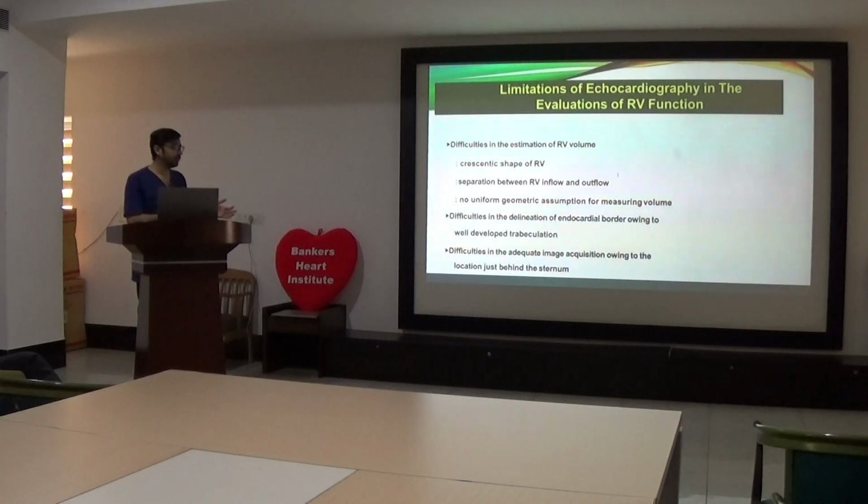Assessment is qualitative and quantitative. Qualitative is visual eyeballing of the volume and size, and for quantitative there are different methods for assessing the RV. There is difficulty in delineating endocardial volume owing to multiple trabeculations in the RV. There is also inadequate image acquisition owing to its location just behind the sternum.